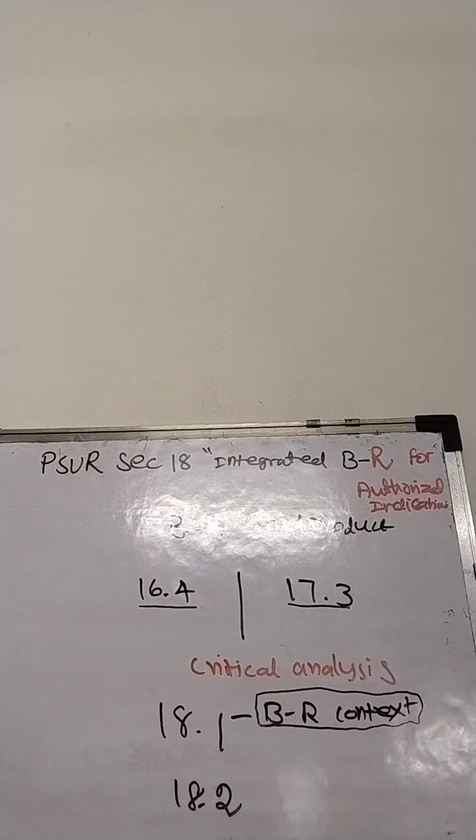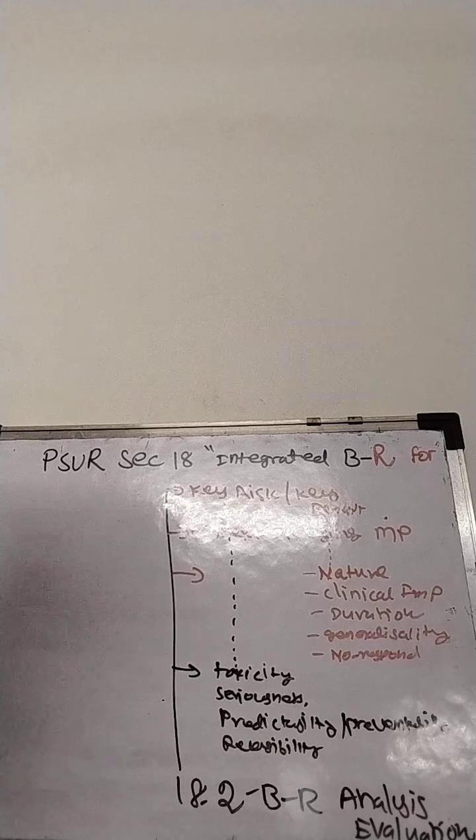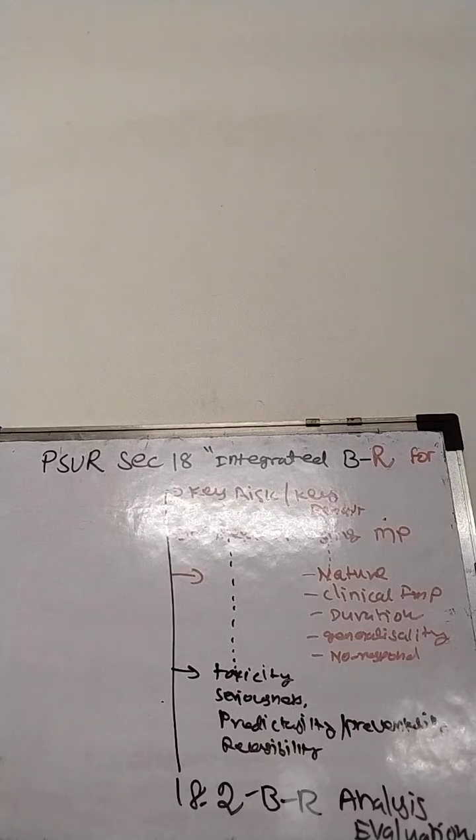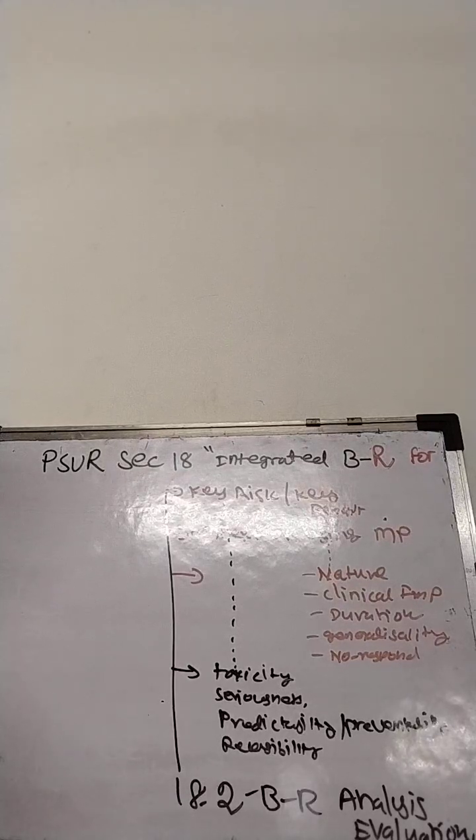In 18.2, the final BR analysis and evaluation is performed. So here we spoke about 18.2, which covers the BR analysis and evaluation. We need to keep a few factors in mind when deriving this section.